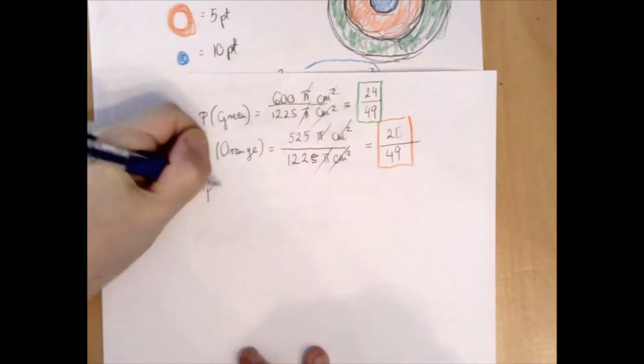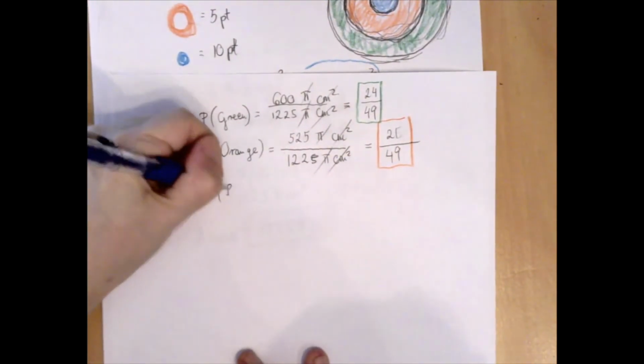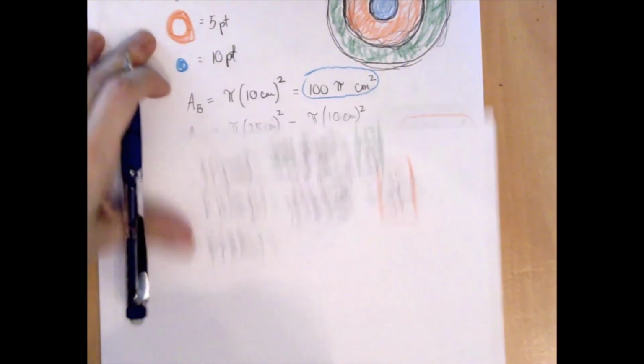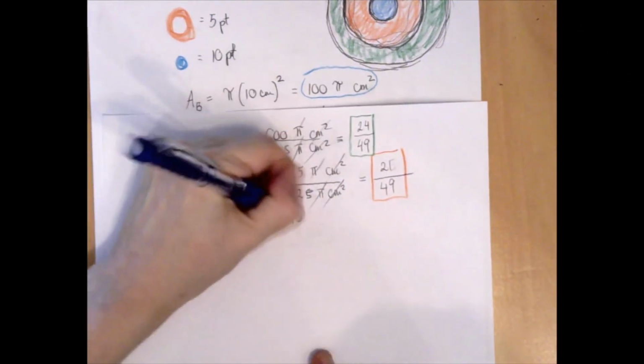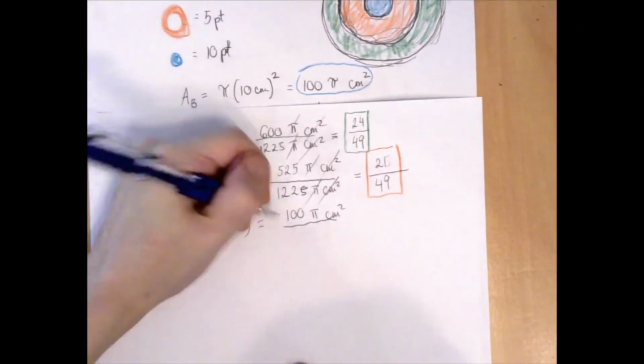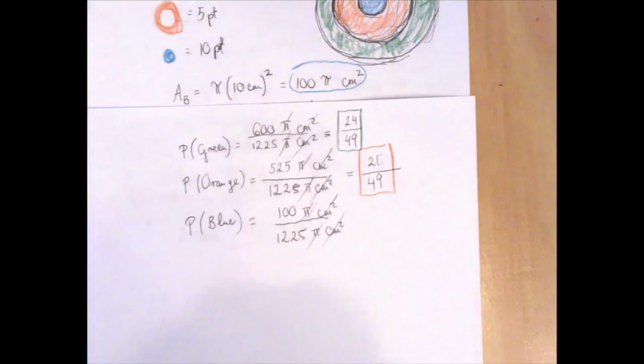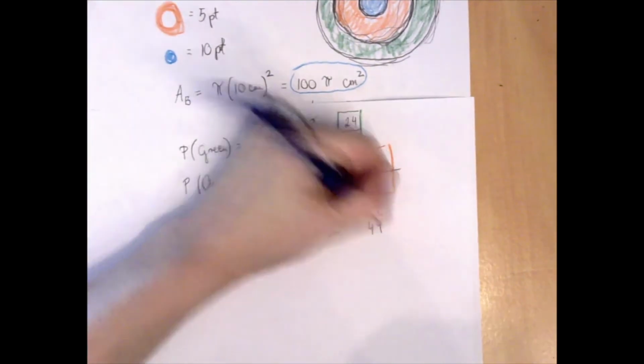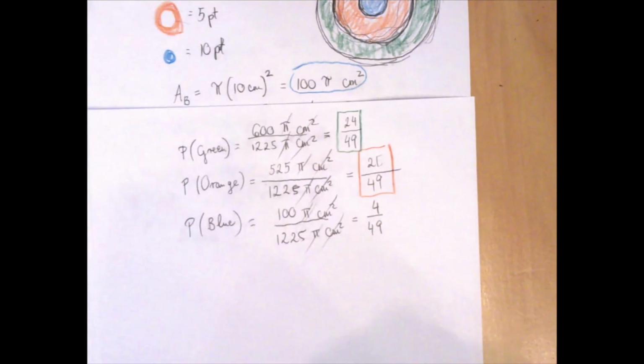Finally, the probability of landing on a blue spot: the blue area is 100 pi square centimeters, and the total area is still 1,225 pi square centimeters. Again, we can cancel out pi and 25, and we get 4 in the numerator and 49 in the denominator.